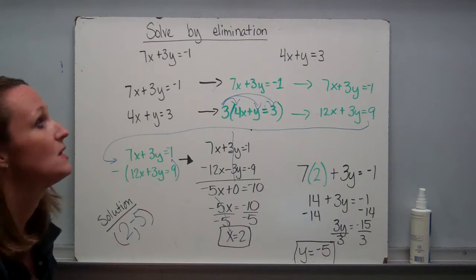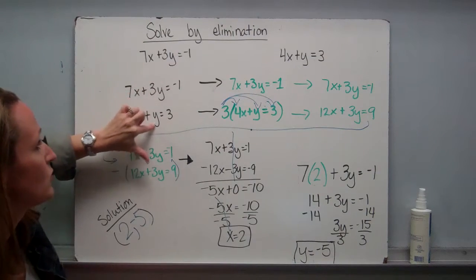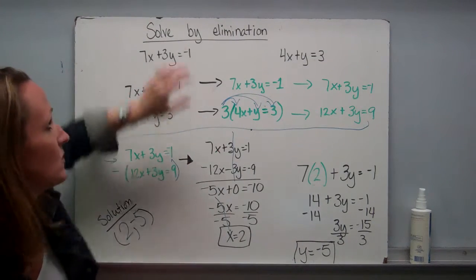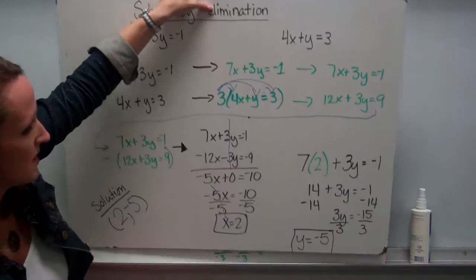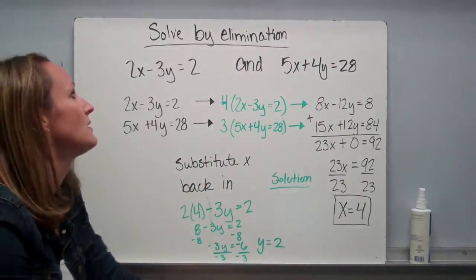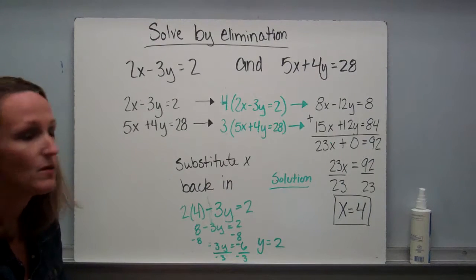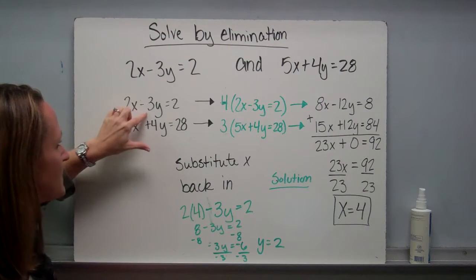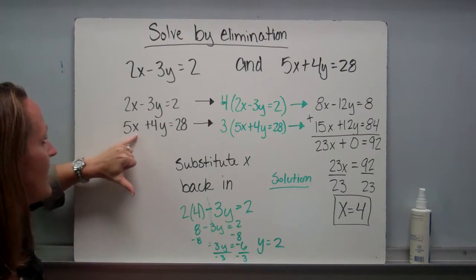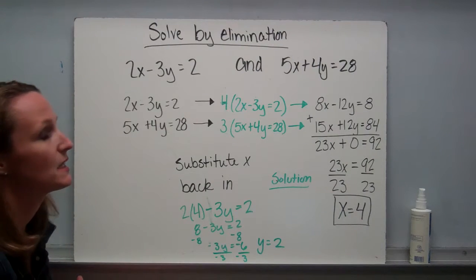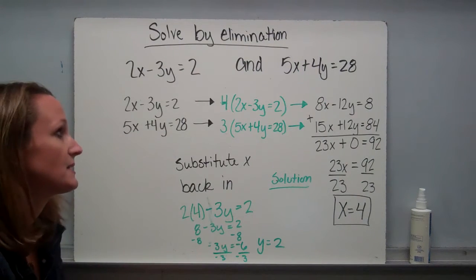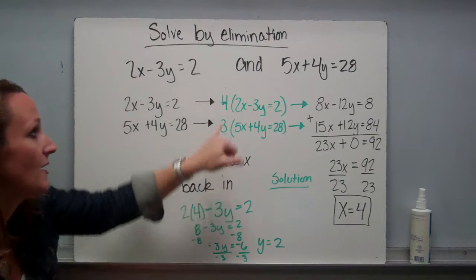Now what happens when you don't have a plain old y or a plain old x there? What happens when you really get a tough system? Like this one. There's a coefficient beside every single variable. So I'm looking at 2x minus 3y equals 2 and 5x plus 4y equals 28. Nothing's lining up nicely. In this case, I have to multiply both.